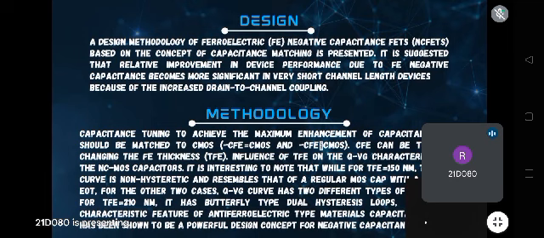This is tuned by changing the ferroelectric thickness of the material, which has an influence on the characteristics of NC MOSFET capacitors, which includes the TFE value of 150 nanometer, and the Q versus VG curve has two different types, but this has a huge effect in the hysteresis loop, which will be explained in the previous slide.